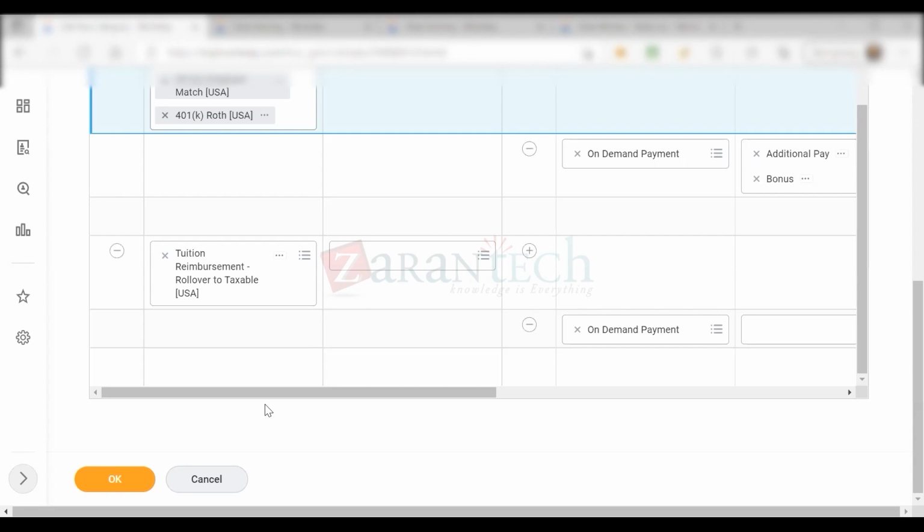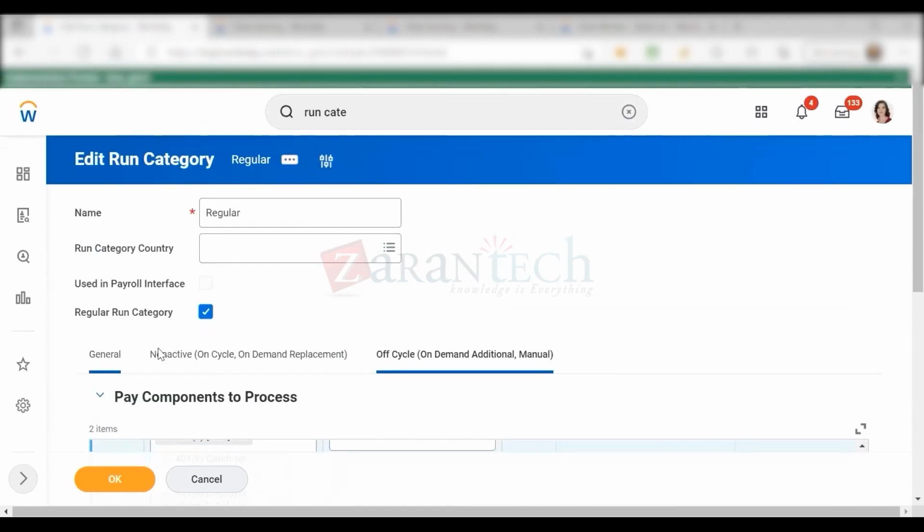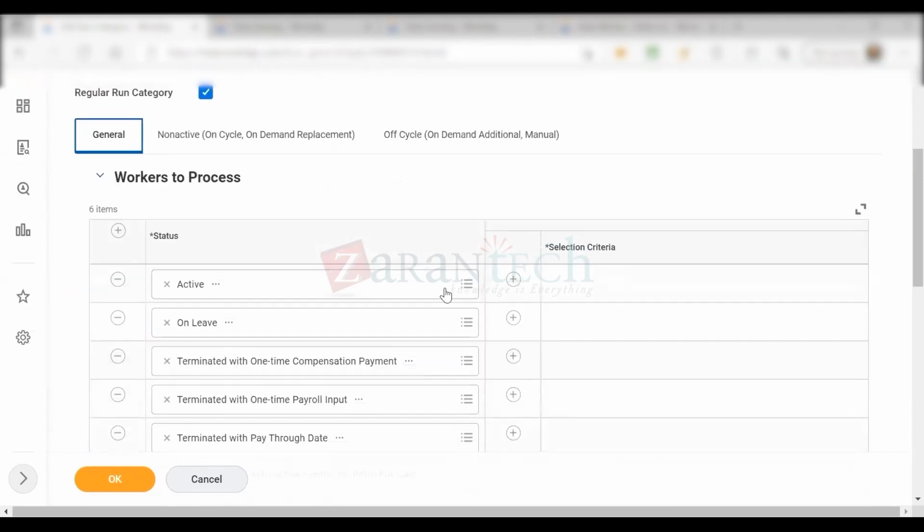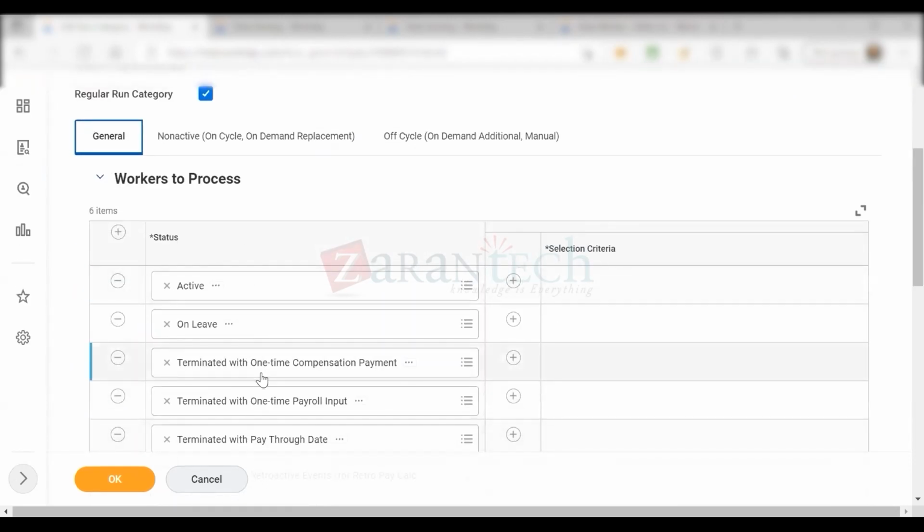Generally speaking, yes. Whatever you configure as criteria for general will hold good when you are processing your retro. Okay. Because for off cycle, you don't need retro. You need off cycle to process retro, but there is no way you can create retro for an off cycle.